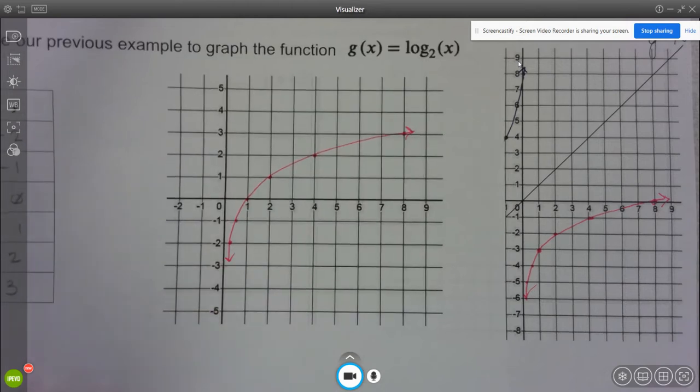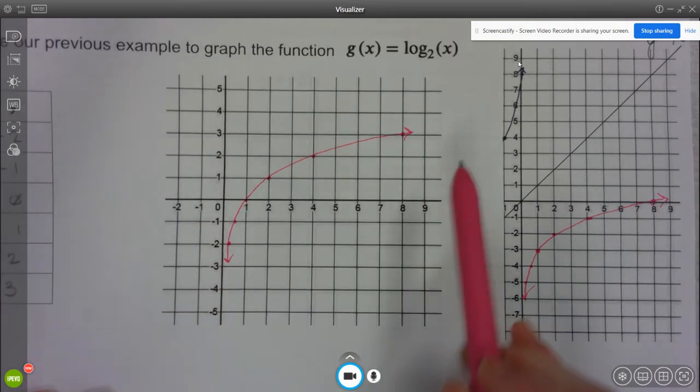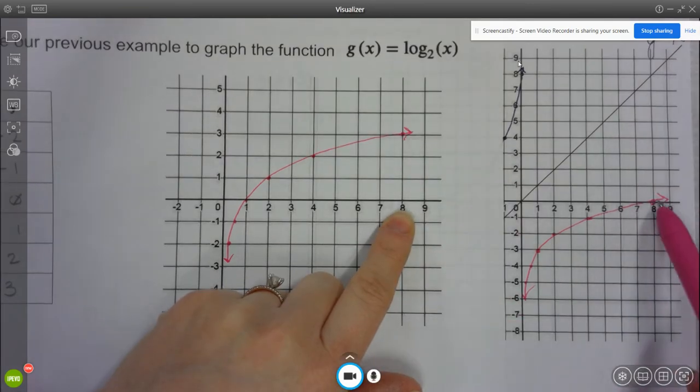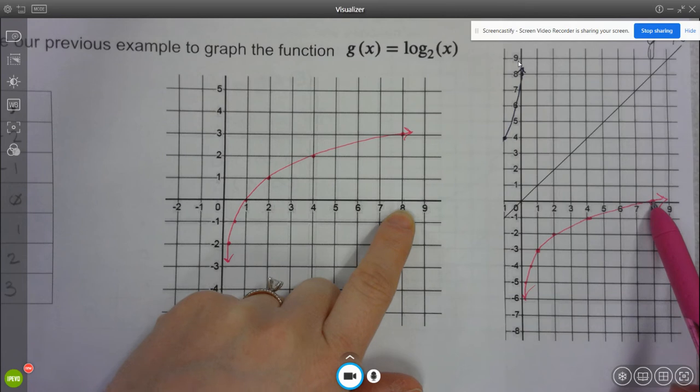And I'm going to bring back my original log base 2 of x. And of course, the screen froze. If you look at our original point that was at 8, we had a y value of 3. Now my x value of 8 has a y value of 0.